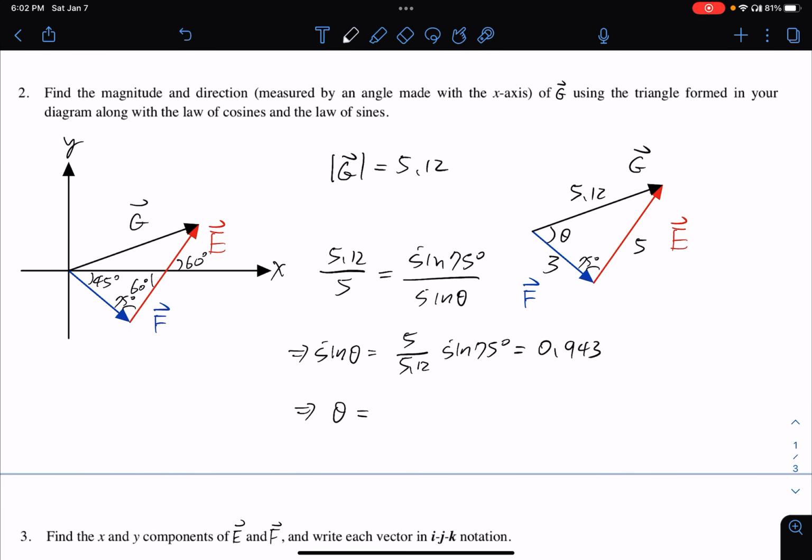Let's keep it as about 71 degrees. So we know that this angle over here is 71 degrees. Therefore, the angle it made with the x-axis will be 26. This is how we get the direction and the magnitude of G by the laws of cosines and sines.